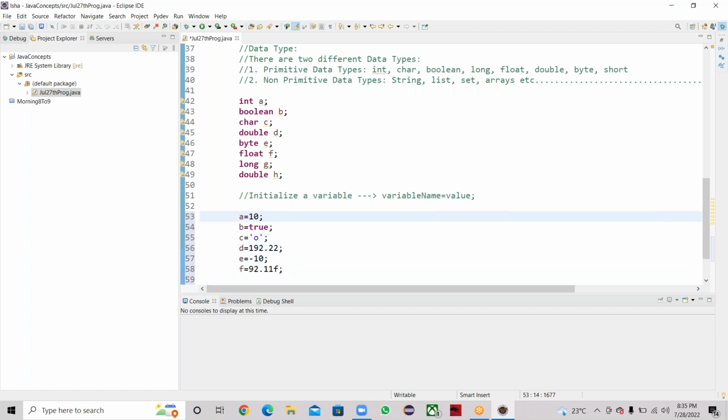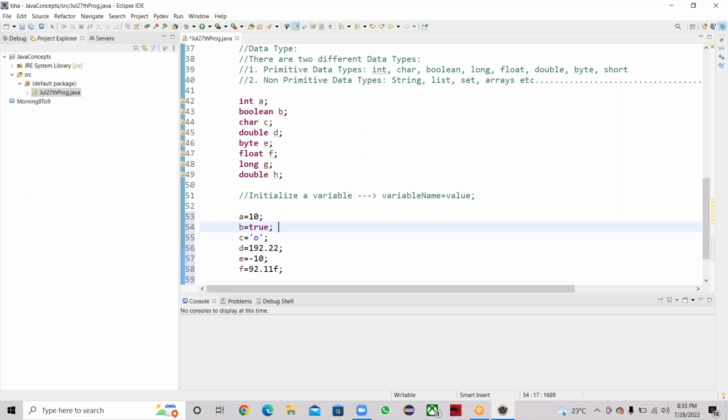So everyone knows what an integer is and what its purpose is. Yes or no? So this is an integer, right? A number is called an integer, meaning it can range from negative to positive numbers. Yes or no, guys?